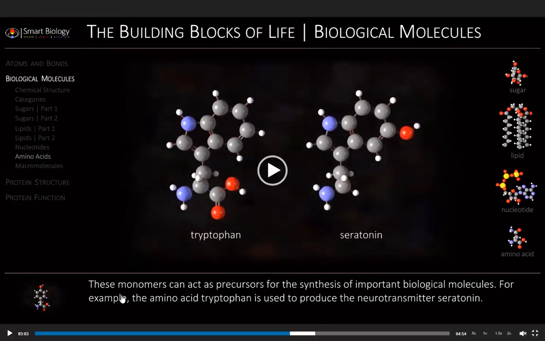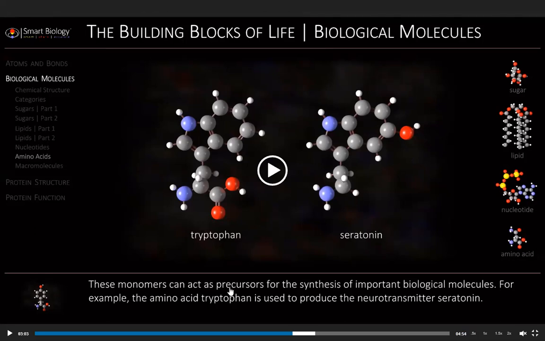And here, basically, the monomer itself, the amino acid itself, can function as a precursor for the synthesis of a very important neurotransmitter. Serotonin is a very important neurotransmitter, and it is synthesized from tryptophan. So tryptophan, remember, was one of our highly hydrophobic amino acids, and it can be converted. You can see from the structure where the changes are. So we have a hydroxyl group over here, I think.